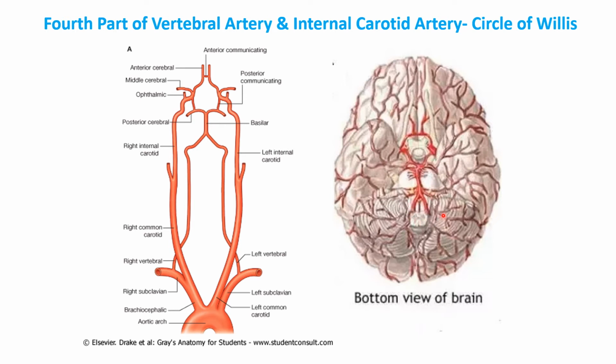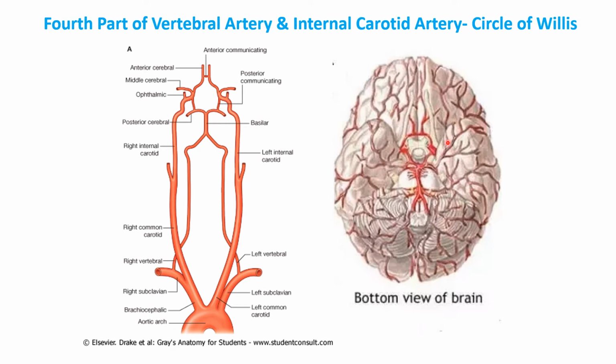These vertebral arteries supply parts of the cerebrum, parts of the cerebellum, as well as the spinal cord, and also those muscles of the neck. So the vertebral artery arises in the neck and goes all the way up. It's a branch of the subclavian artery and ascends all the way up to supply the brain.